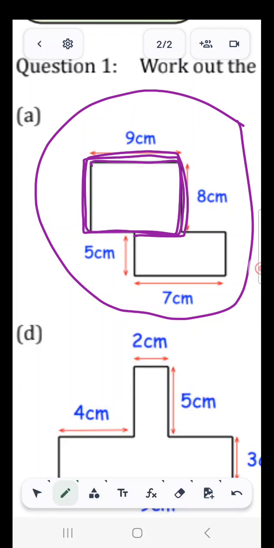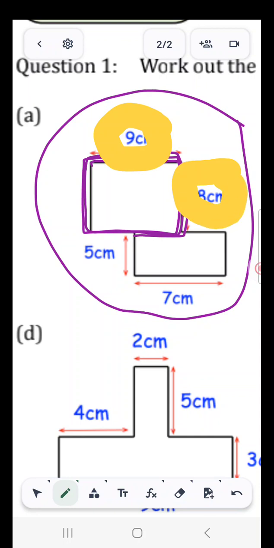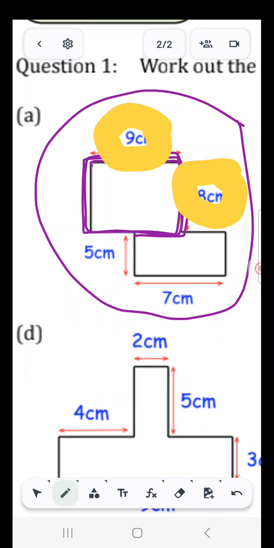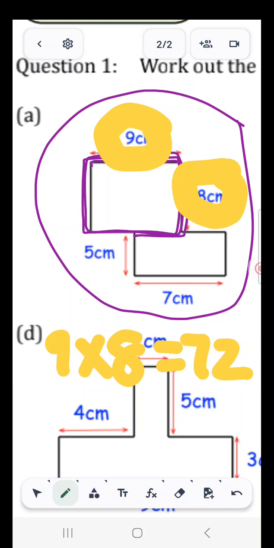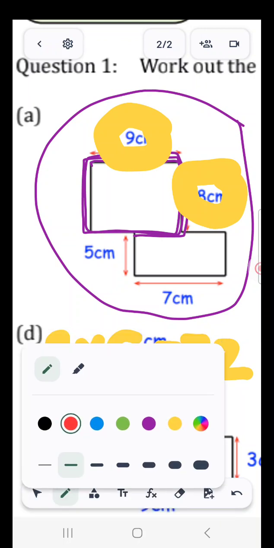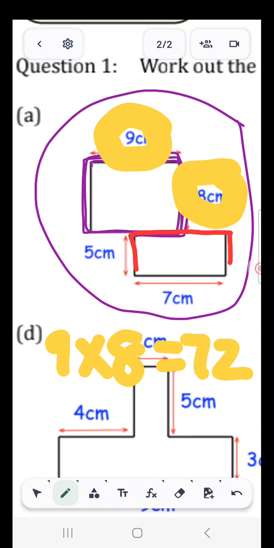The upper rectangle is 9 times 8, because 9 is here and 8 is here. 9 times 8 is 72, and the bottom rectangle is this one.